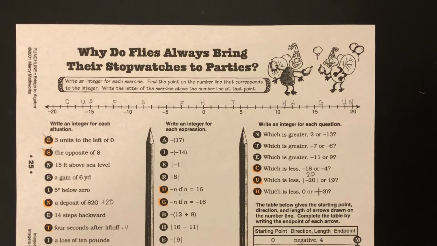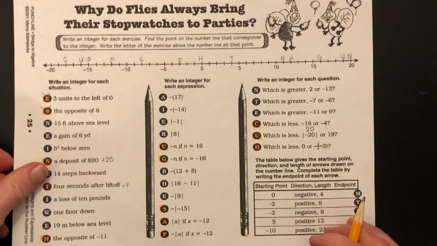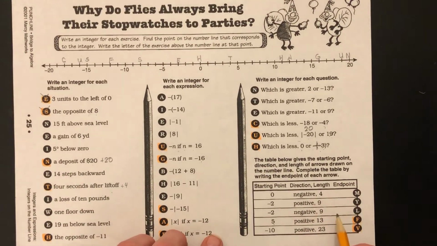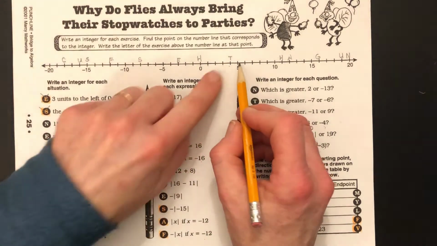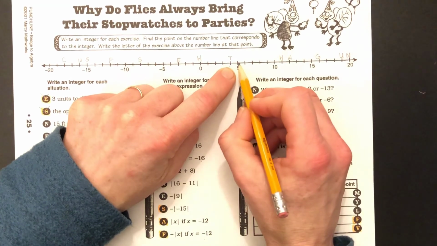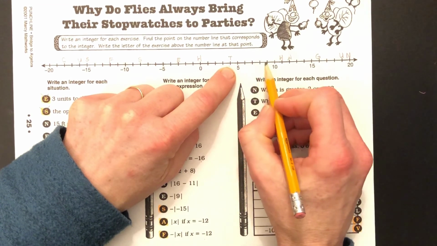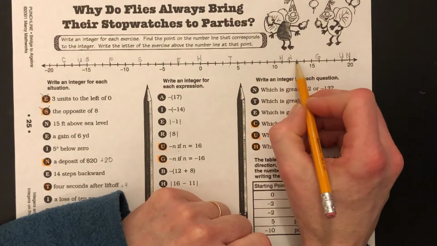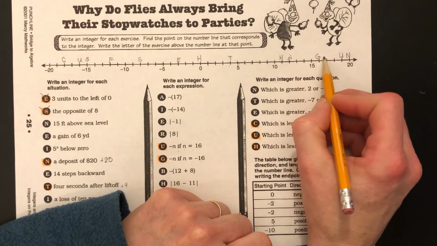And we'll do the last two. Starting point 5. So we go up to the number line. We're doing F. We go up to the number line, 5, positive 13. We're going to go to the right, 13. 1, 2, 3, 4, 5, 6, 7, 8, 9, 10, 11, 12, 13.